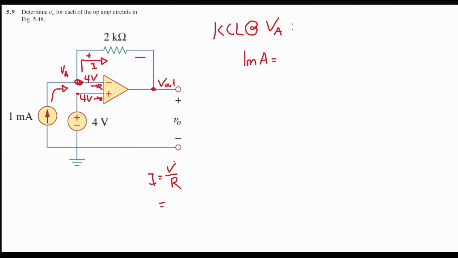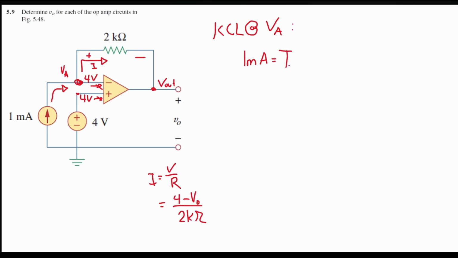So, yung voltage dito is voltage kung saan siya galing minus voltage kung saan siya papunta. So, saan siya galing? Galing siya sa 4 volts. Saan siya papunta? Sa V out. So, yung voltage dito will be 4 volts, 4 minus V out, over yung resistance na dinaanan niya, which is 2 kilo ohms. So, that will be our I.